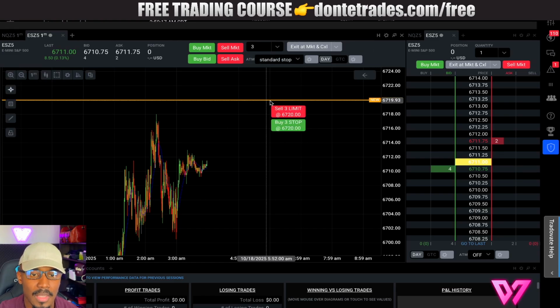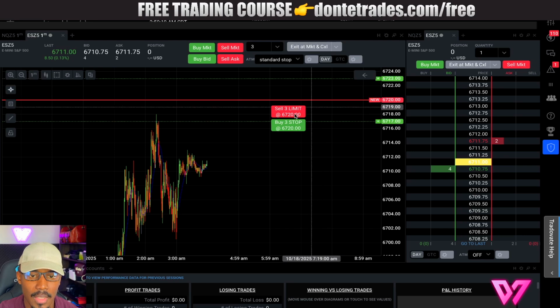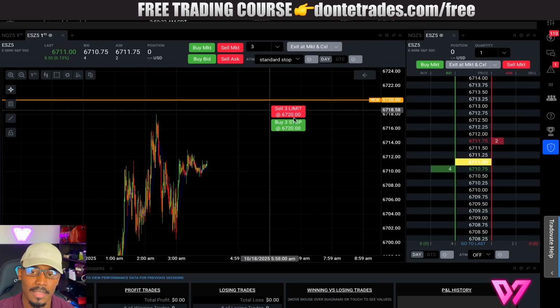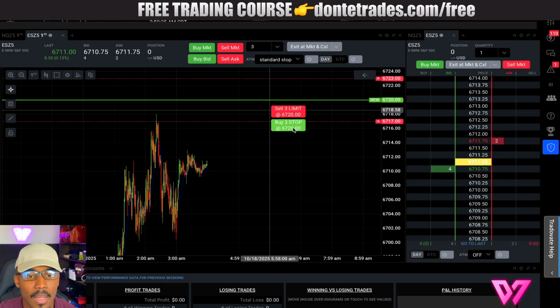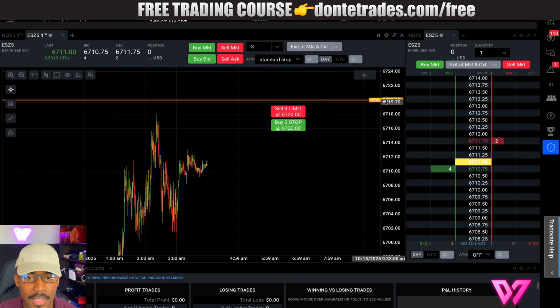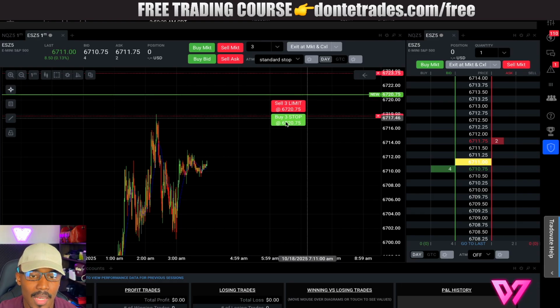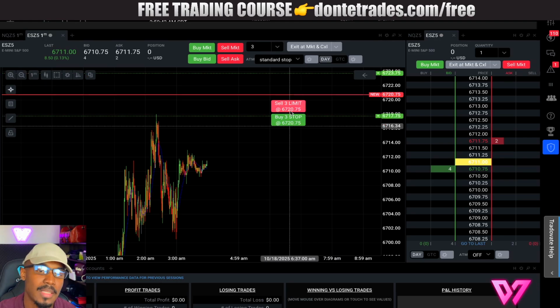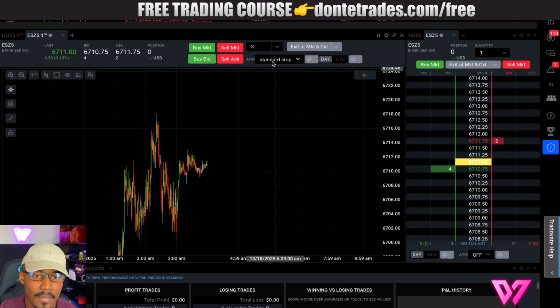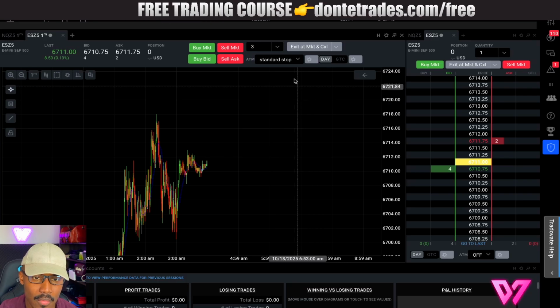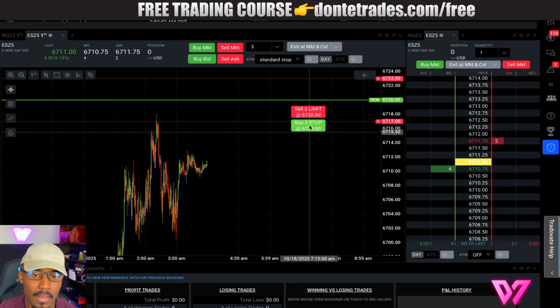What's going to happen is if you click an order, you can see when I hover over it, you're going to see these dotted lines here. I can't actually place the trade because the market isn't open, but you see how I can drag this here. Every time you place a trade, it's going to automatically put a stop loss and a take profit based off your ATM order. Once the trade is actually placed, you can just drag your TPs or stop loss.